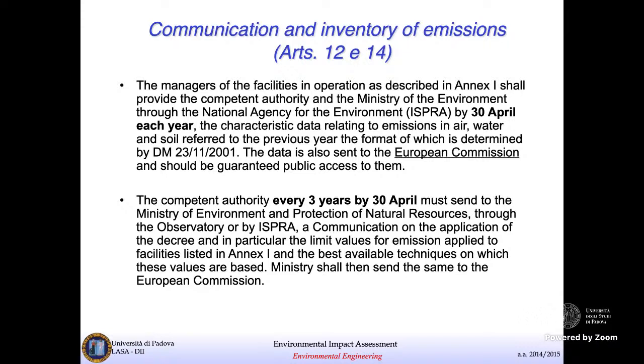The competent authority every 3 years must send to the Ministry of Environment and Protection of Natural Resources, through the Observatory of ISPRA or by ISPRA, a communication on the application of the decree, and in particular the limit values for emissions applied to facilities listed in Annex 1 and the best available techniques on which these values are based. The Ministry shall then send the same to the European Commission.